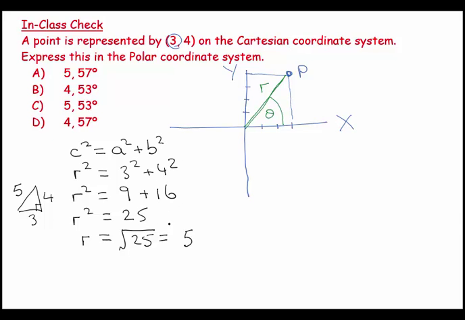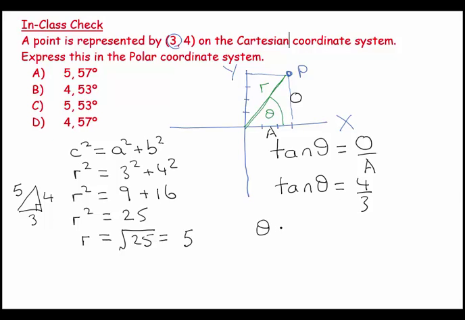We know how to figure out the length of this, but what about the angle? To get the angle, we recognize that the tangent of that angle is equal to the opposite over the adjacent. And in this case, this is the opposite, and that's the adjacent. So as far as this problem goes, tan theta is equal to 4 over 3.